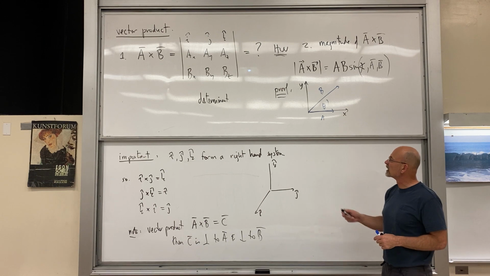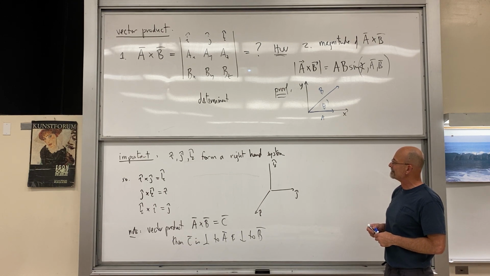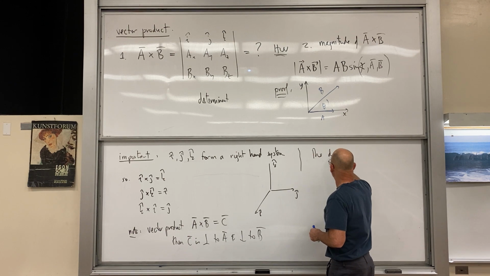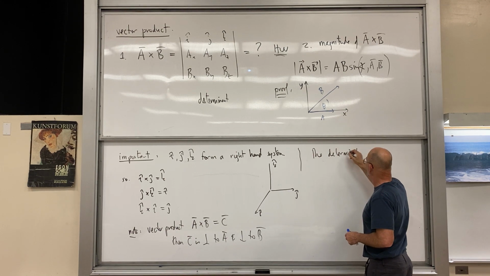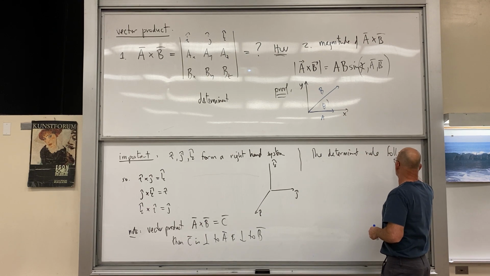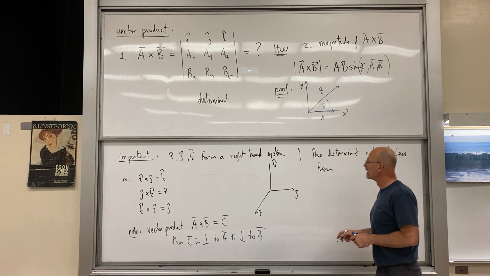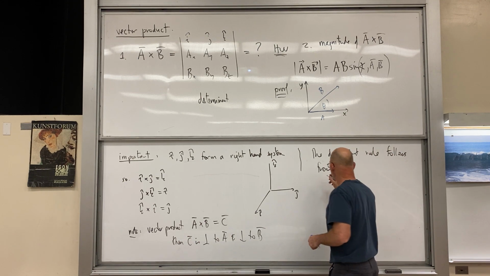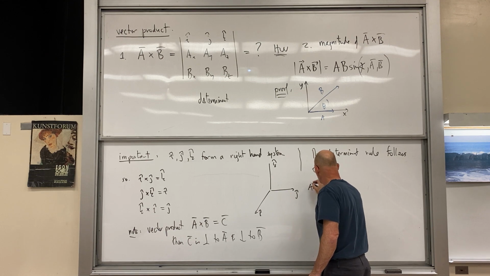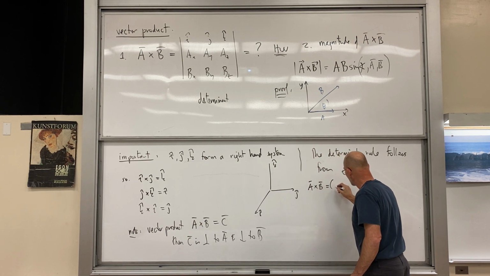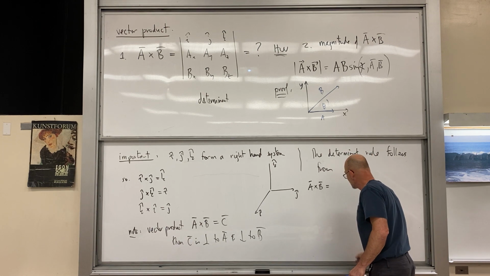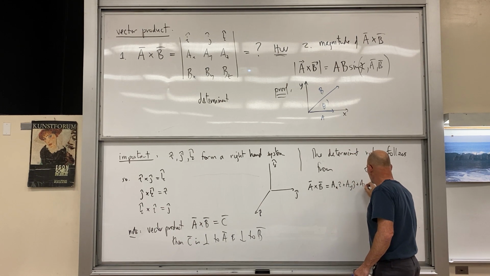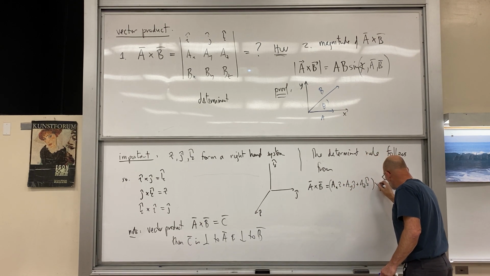So yeah, you got a couple proofs just to look at these things. And again, the determinant rule follows from A cross B equals, okay, here's what we'll do: AX I hat plus AY J hat plus AZ K hat cross product.